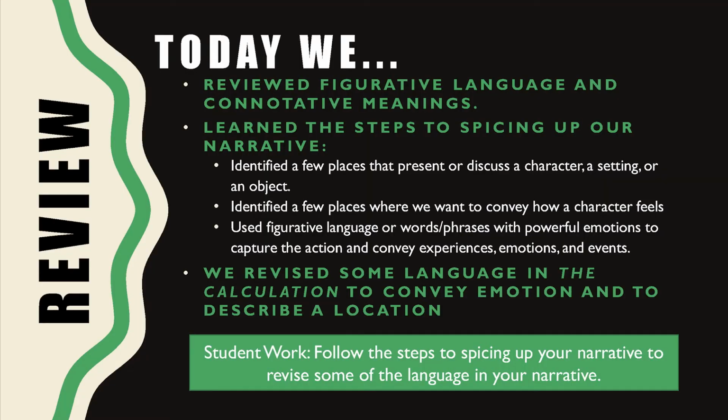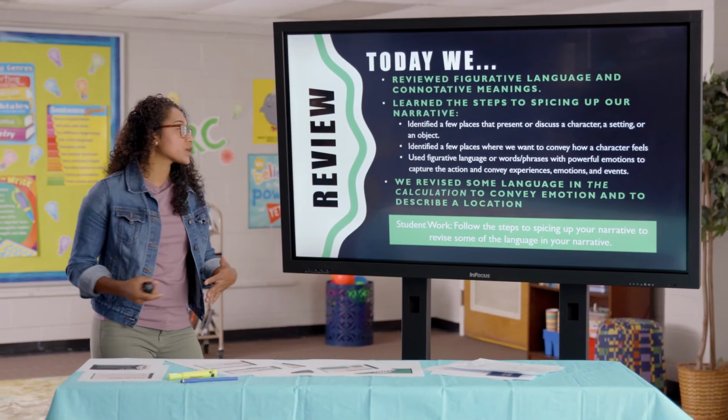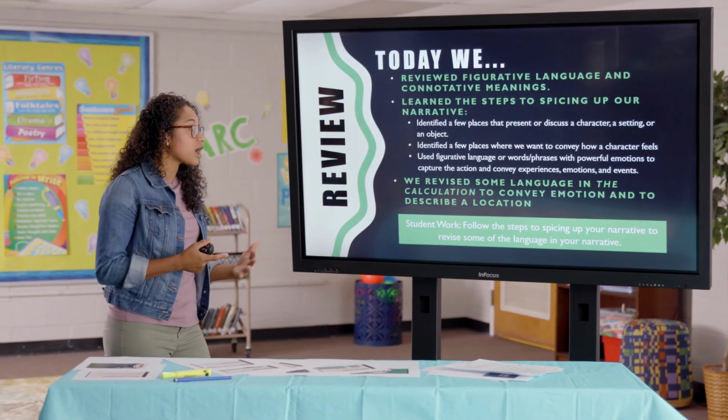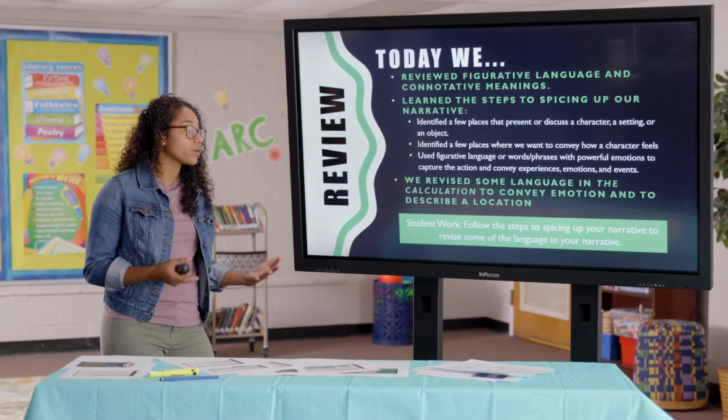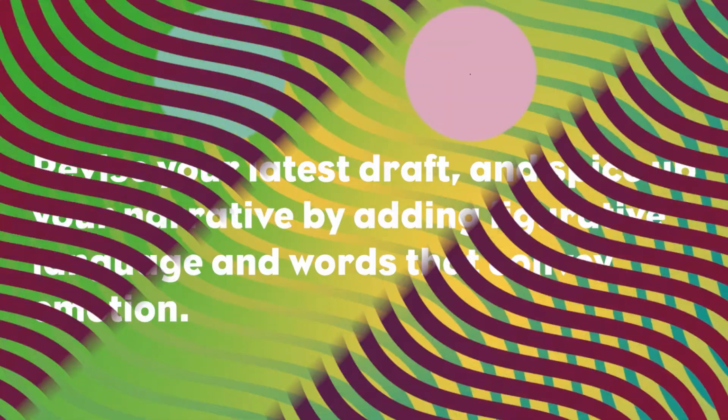And we looked at the way that Anthony Horowitz revised some language in The Calculation to convey emotion and to describe a location. So for your work, you're going to follow the steps to spicing up your narrative to revise some of the language in your narrative.